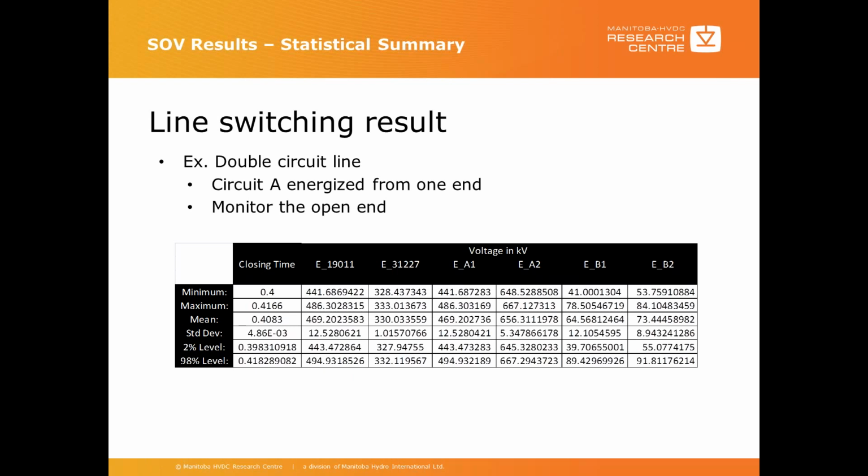You can compare these values with the switching insulation level of the equipment to make sure there is no violation. Similarly, the energies provided here are in kilojoules, so you need to make sure that energy does not exceed the surge arrestor capability.